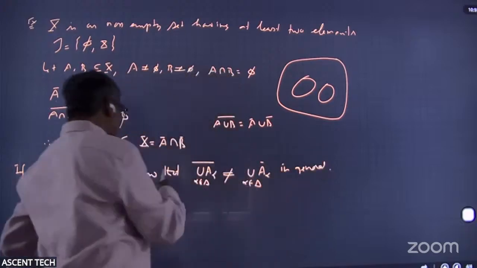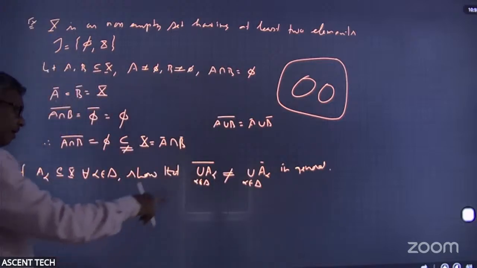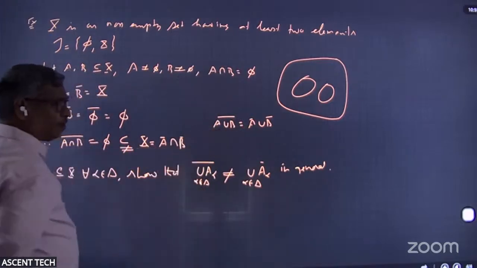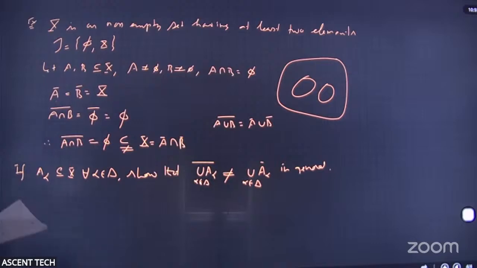For A union B, I proved the closure is A bar union B bar, but this is only for finite unions. That means I can create a counterexample where this theorem doesn't work for arbitrary unions.